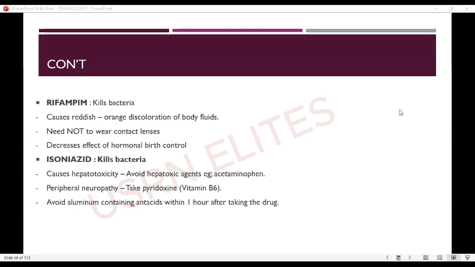Okay. So this one, you must adhere to the treatment regimen. The drugs will be taken for 6 months, sometimes 7 months.